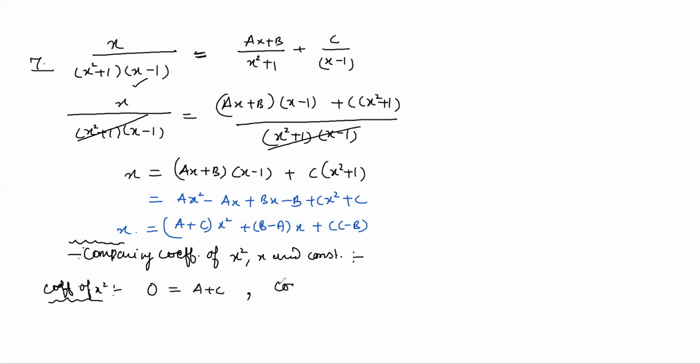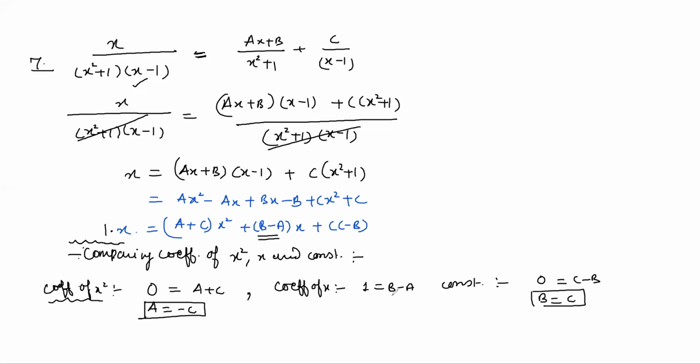Now compare coefficients of x. You can see the coefficient of x is 1 over here and here it is b minus a. So it is 1 is equal to b minus a. Now the constant terms. You can see that there is no constant term in the left hand side. So it will be 0 and it is c minus b. Just take b to the left hand side, you can see that b is equal to c. Okay, and here you can see that a is equal to minus c.